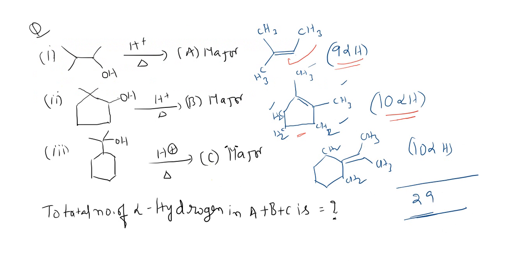Third one, if you do dehydration, the major product will be this highly substituted compound. So for this also we have exactly 10 alpha hydrogens. The total A plus B plus C now became 29. So 29 is the answer for this question.